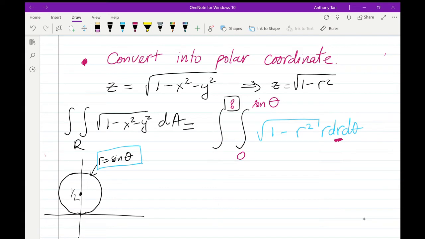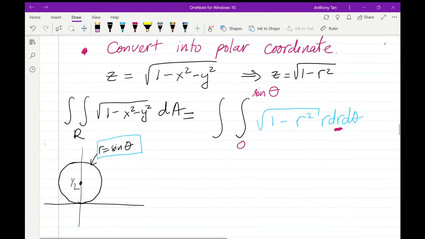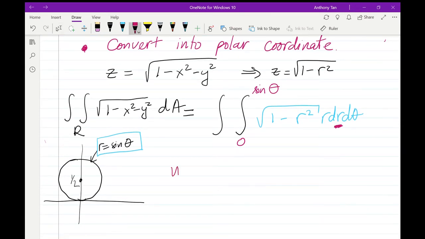Now for theta, how do we decide what is the range of theta? For this you need to plot the curve.